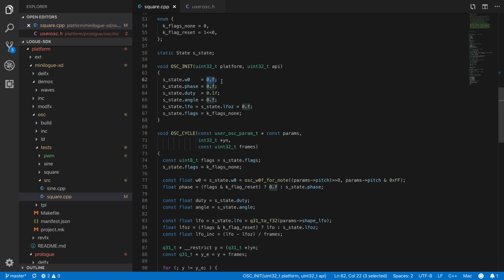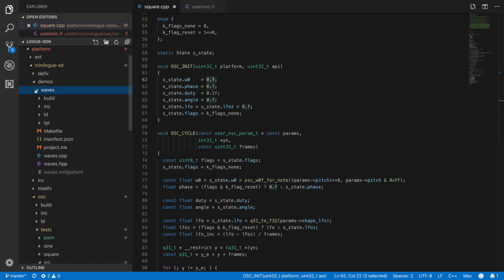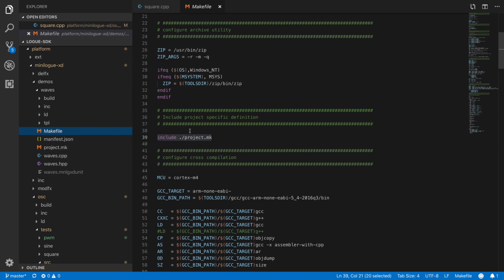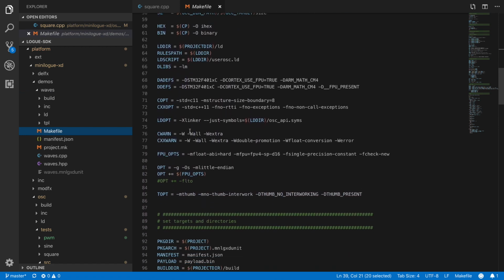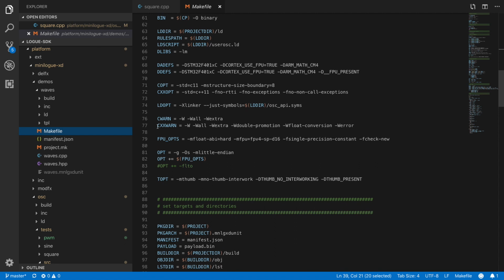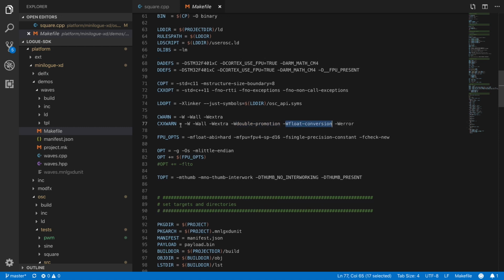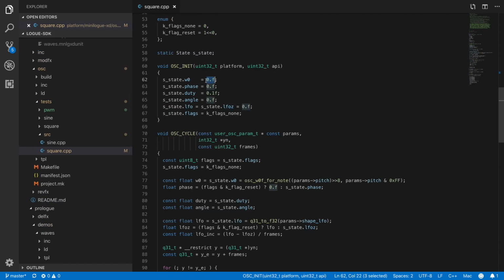In order to support you with that, I have added a flag for the compiler, and this is in here. I have added a warning. We should get some warning when there is a promotion of a constant to double, or if there is a float conversion. So this is going to help you when you will be forgetting an f behind a constant here.